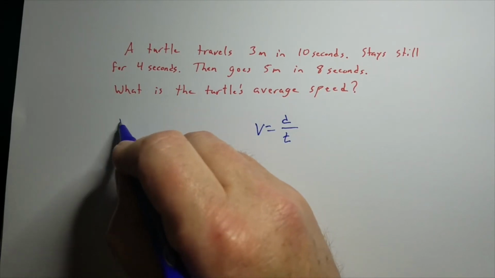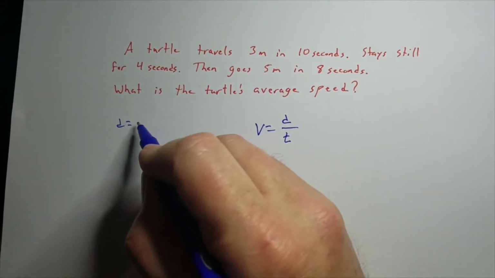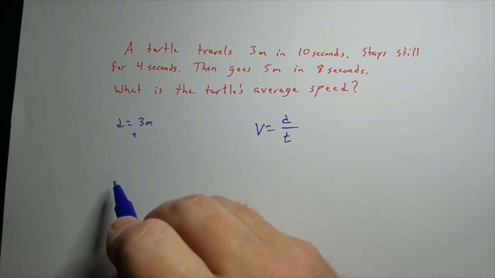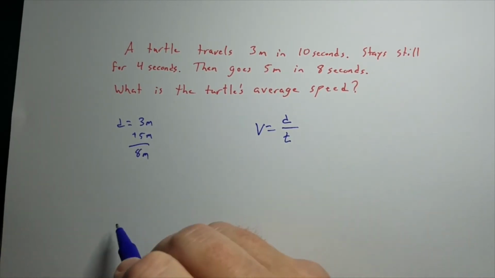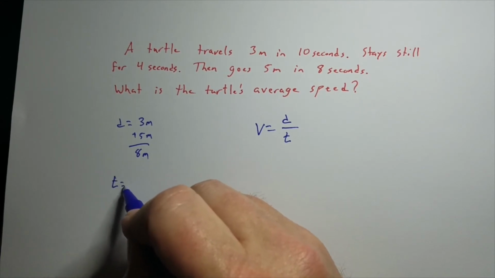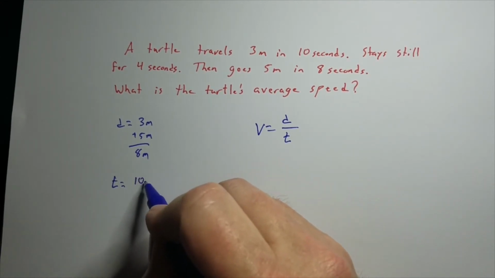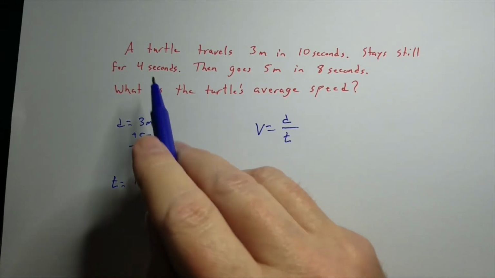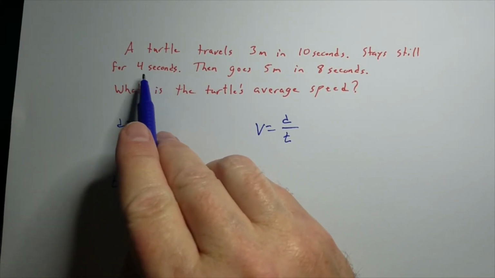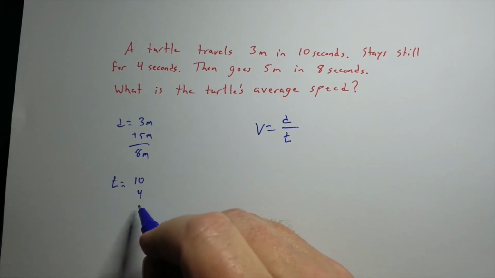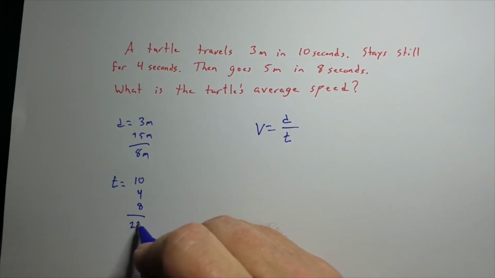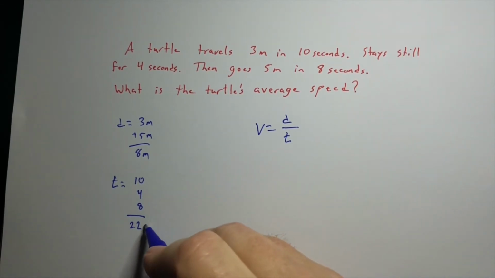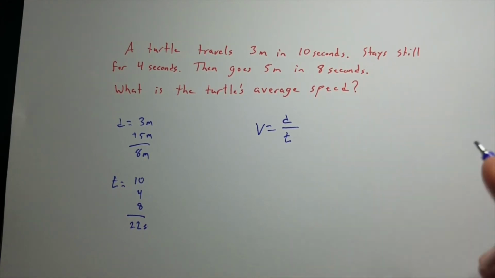So for distance, it traveled 3 meters plus an additional 5 meters. So it traveled a total of 8 meters. And for time, it went for 10 seconds, did another 4 seconds. Even though it was sitting still, time was still going by. And then another 8 seconds. So it took 22 seconds for it to do the entire trip.